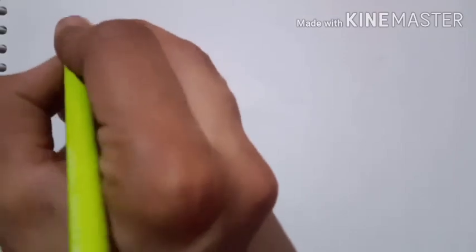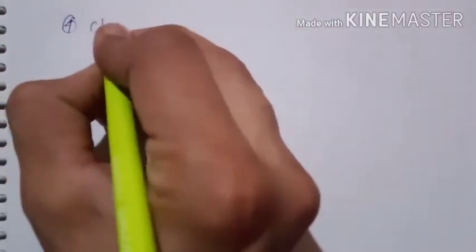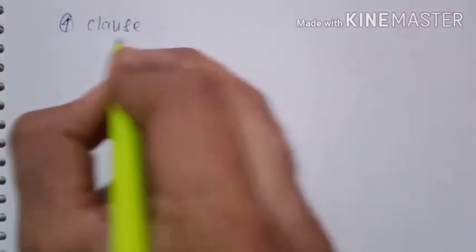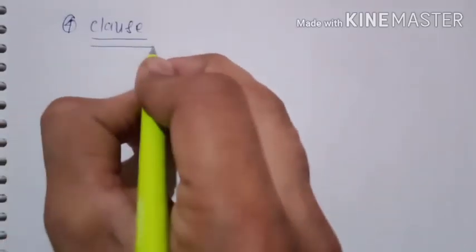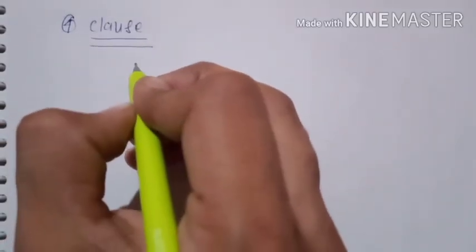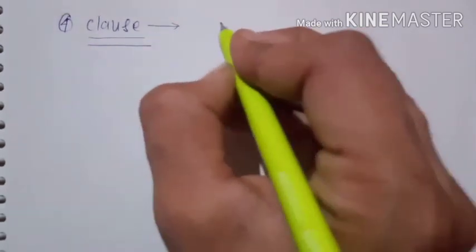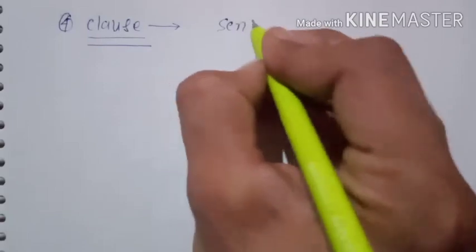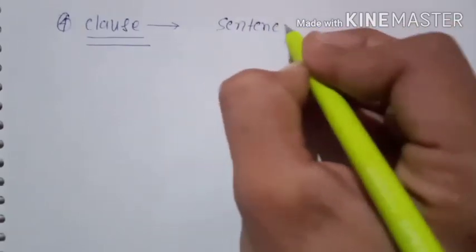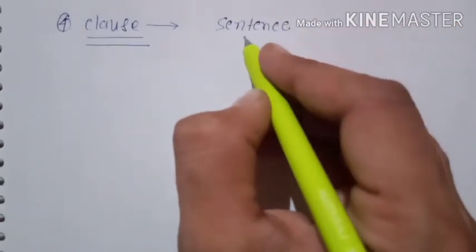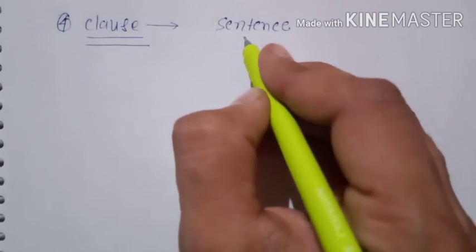And fourth is clause, which is part of sentence. That's why we will read first sentence, and now you will understand what is clause.